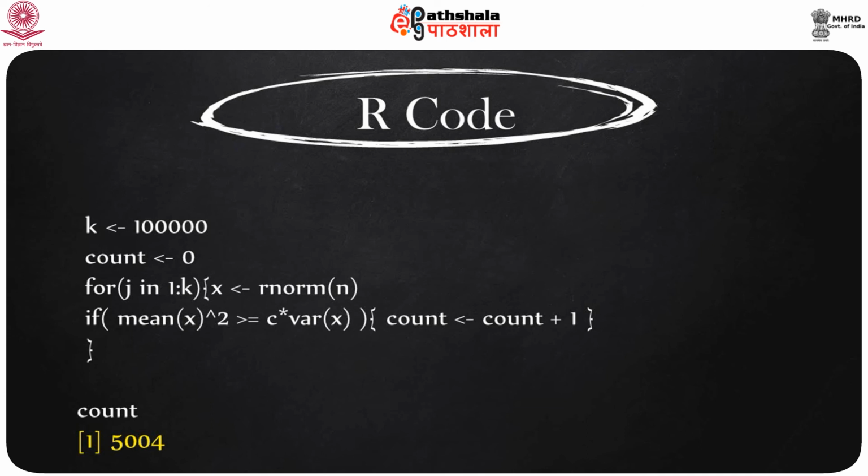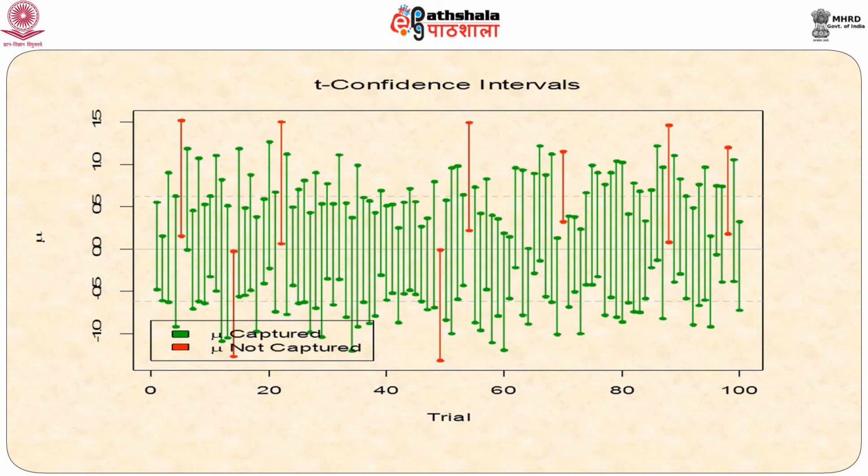So, we can continue doing this with increasing simulation size, but let us stop here and start something which is more interesting visually. Look at the plot. Here this is diagrammatic representation of what we had been talking about so far. The plot says all the things. The cases where mu is captured are denoted by the green lines, and those which do not contain mu is equal to 0 is denoted by the red ones.